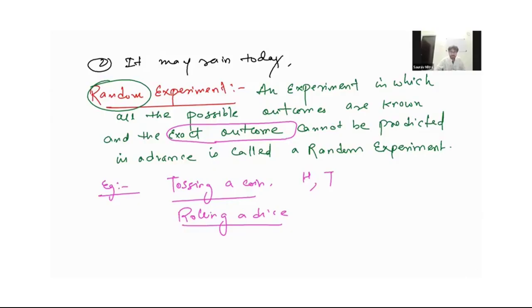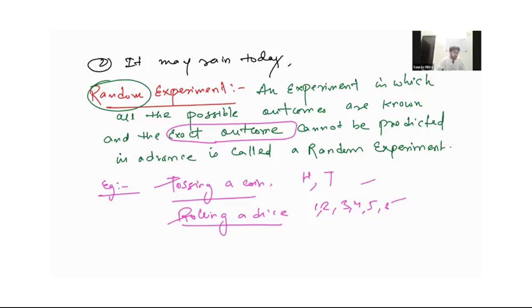In rolling a dice we will get 1, 2, 3, 4, 5, or 6, and these are the only possibilities. So in a random experiment you don't know the exact outcome, but you know what the overall outcomes may be.